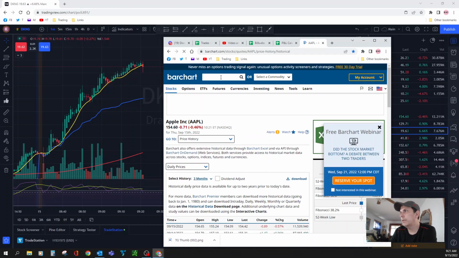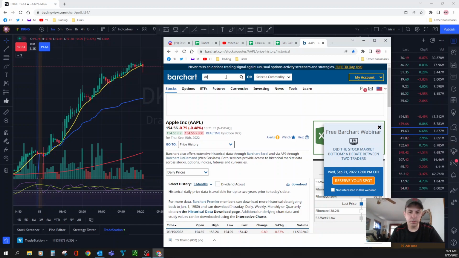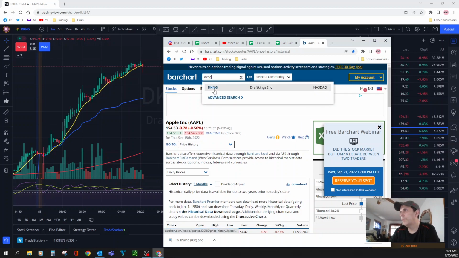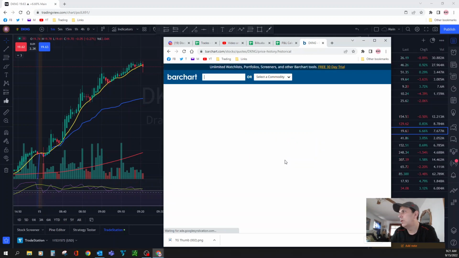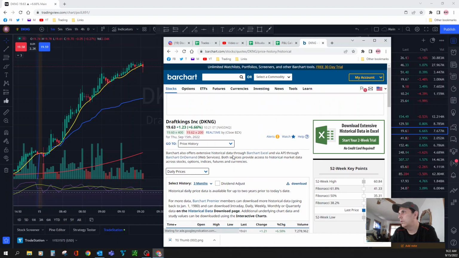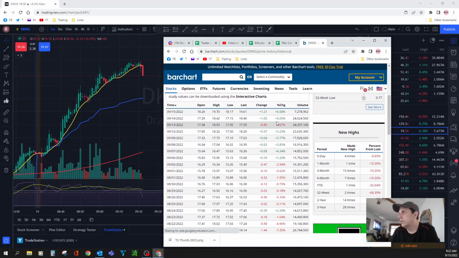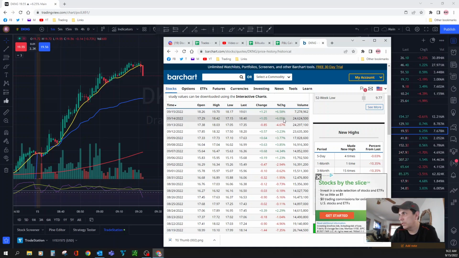So I'm going to look at DraftKings price history. DraftKings, yeah. All right, so that's today. So yesterday it was up 6%. It's really been moving. Wow.